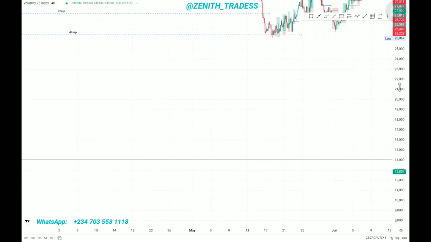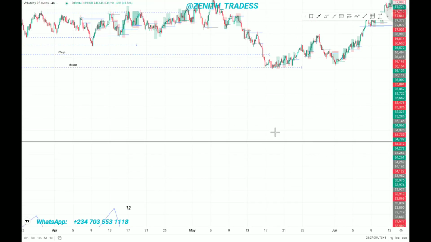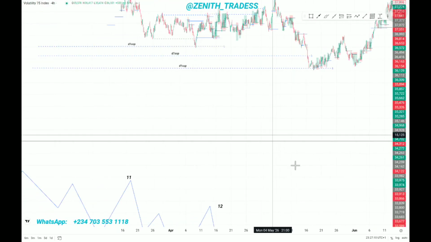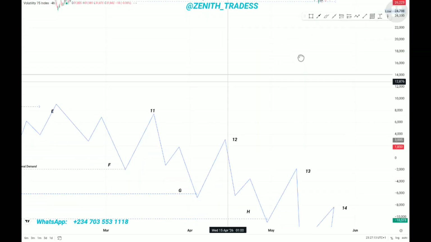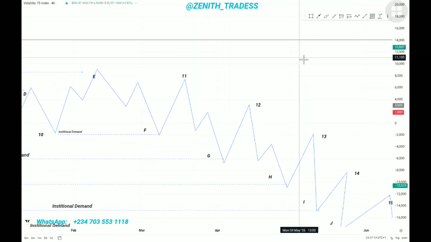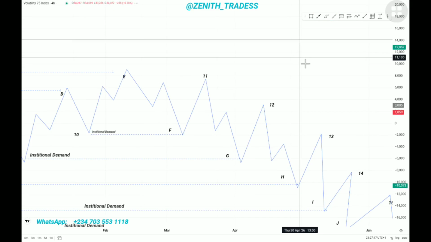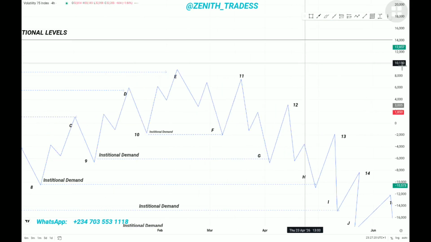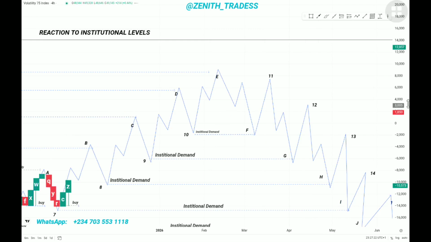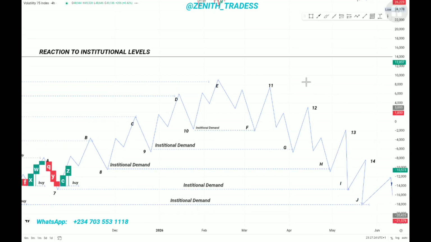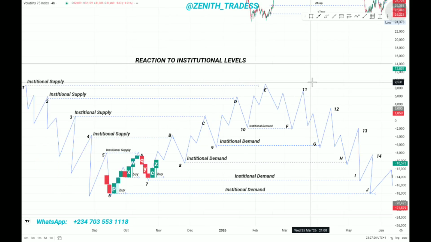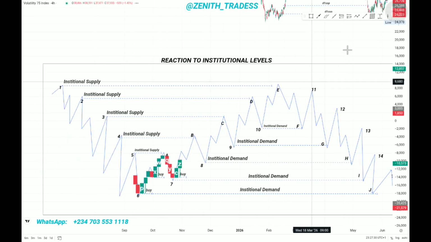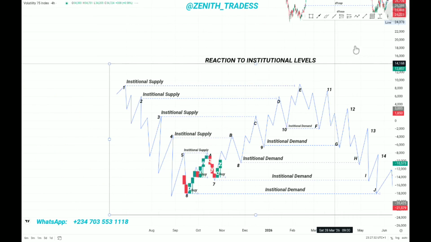Let's discuss reaction to institutional levels, because if you understand that reaction, then it will help you in understanding how structure moves properly, and it is going to be less confusing. You'll be hearing me talking about reaction since the beginning of the video. Let's discuss reaction to institutional levels now.